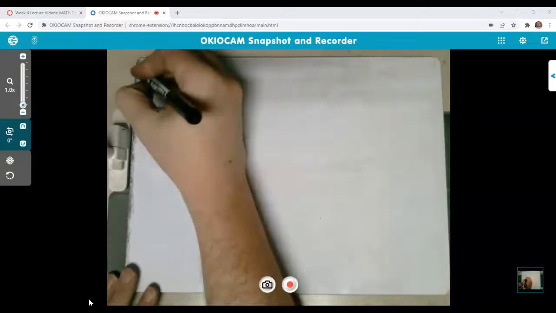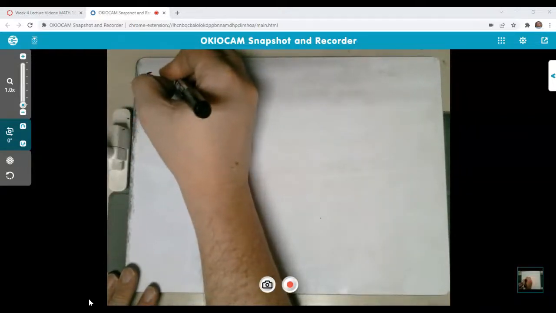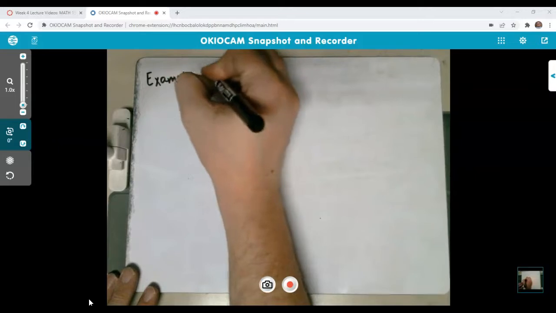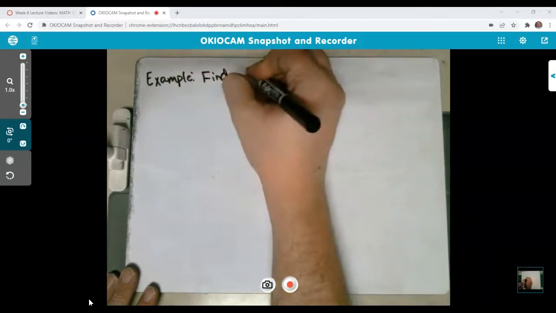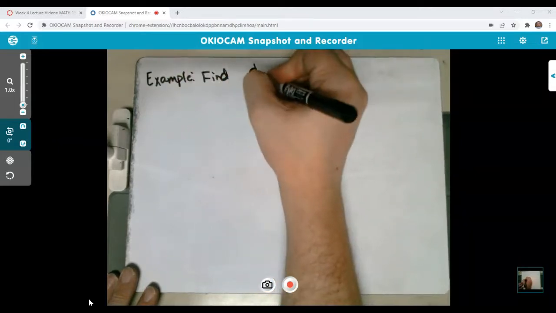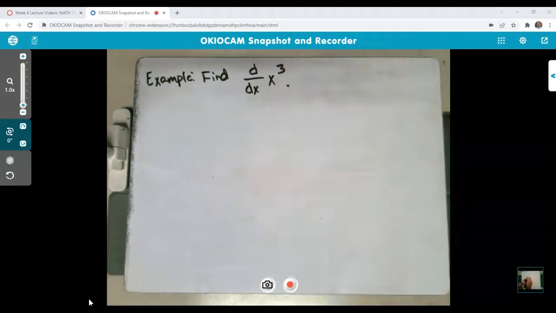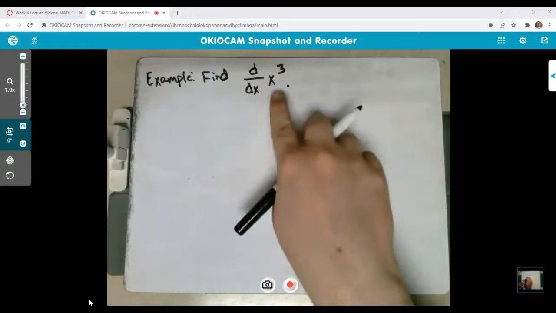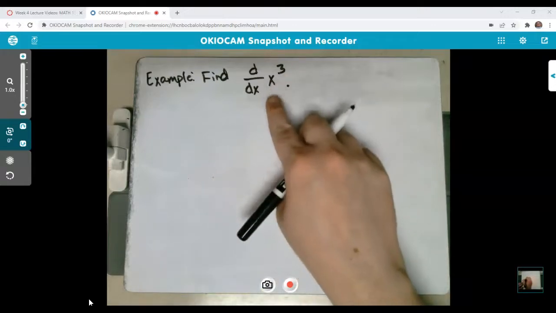Example. Find d over dx of x cubed. So even though this doesn't look the same, this is the same thing as saying find the derivative of x to the third. So that's what I want to do here.